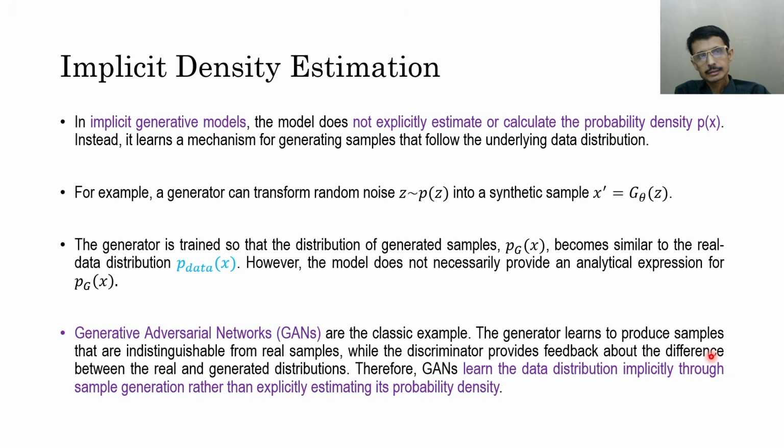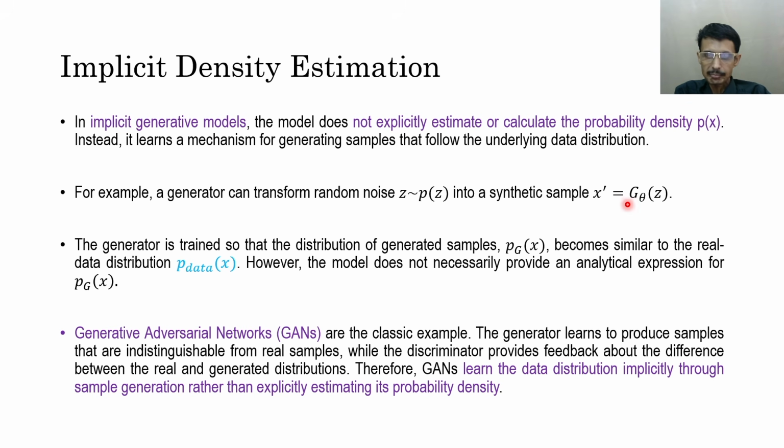In the other category, the implicit density estimation, the model doesn't explicitly estimate or calculate the probability of P(x). Instead, it learns a mechanism for generating samples that follow the underlying data distribution. For example, a generator that transforms random noise z into a synthetic sample x-bar equal to G of z, parameterized by theta.